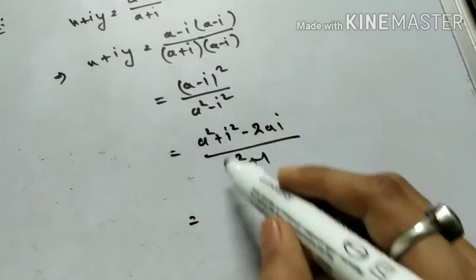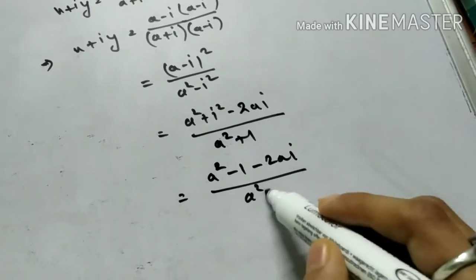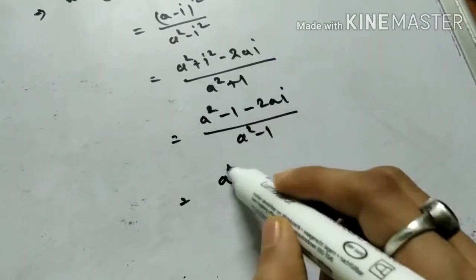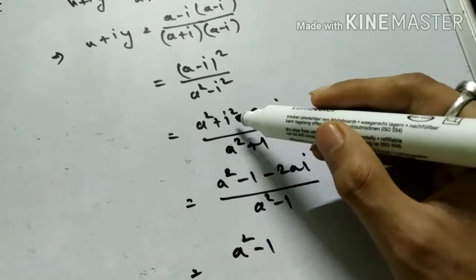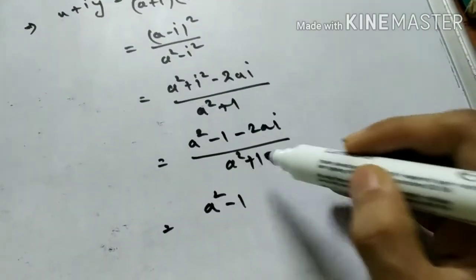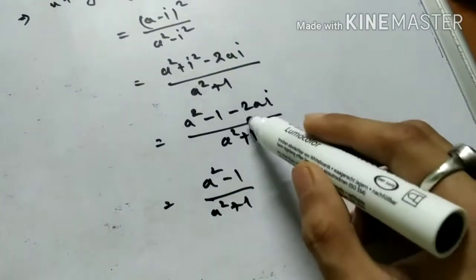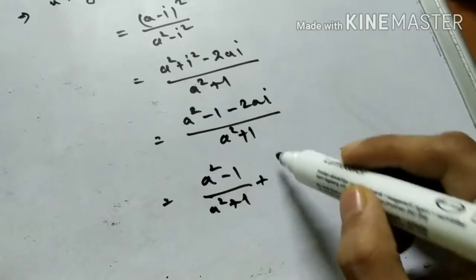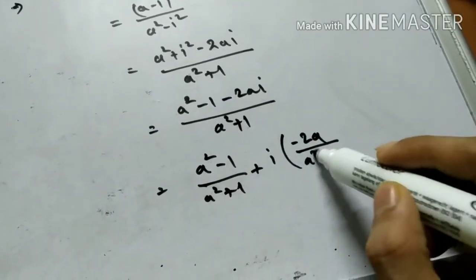So this is a square minus 1 minus 2ai by a square plus 1. Breaking it up, it is a square minus 1 by a square plus 1, and this is plus i times minus 2a by a square plus 1.